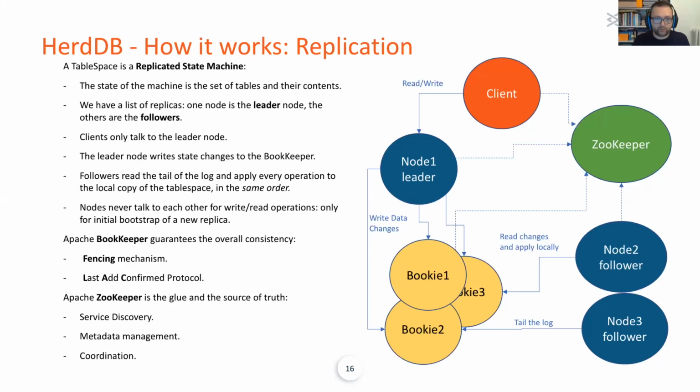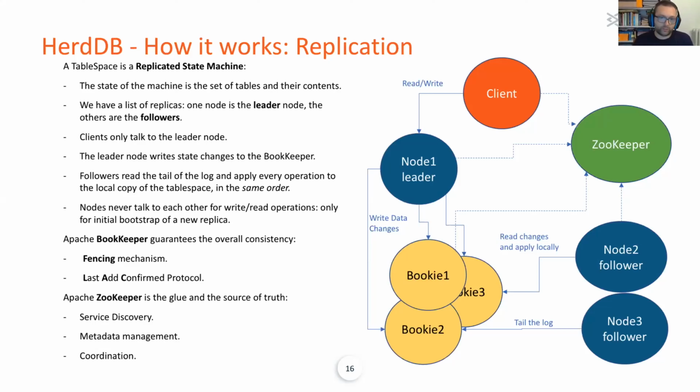RDB nodes never talk to each other, thinking about the RDB protocol, for read and for write operations in the hot paths. Only for the initial bootstrap of a new replica. If you start a new follower, it is initially empty and it cannot rebuild the old contents of the table space from the bookies, because you are going to truncate the logs sometime.